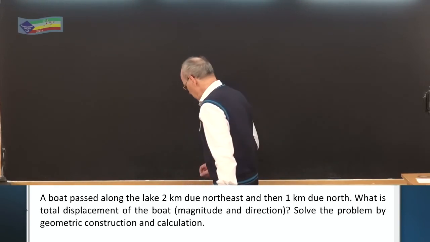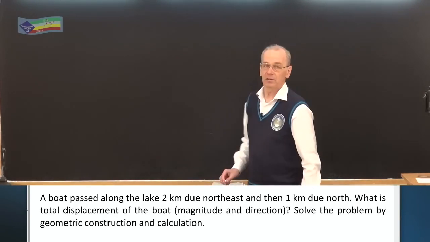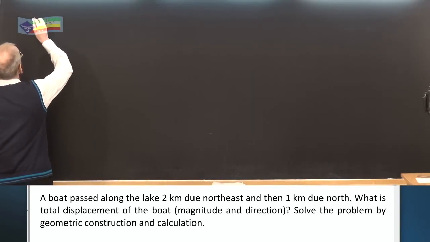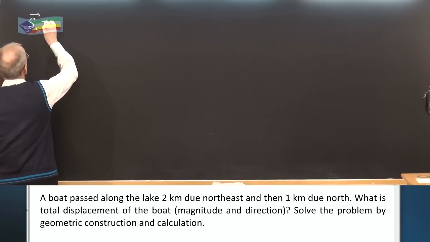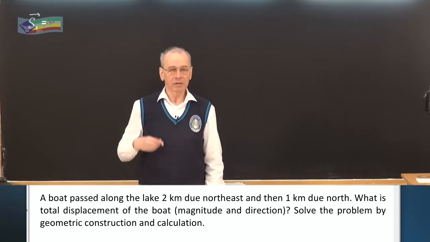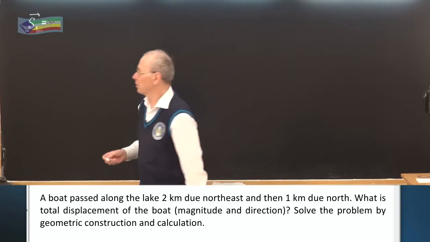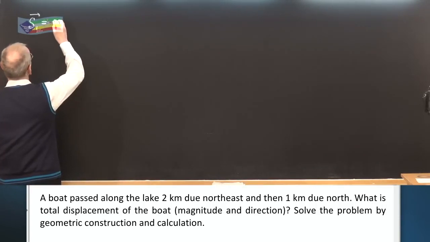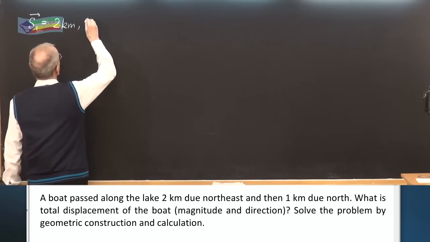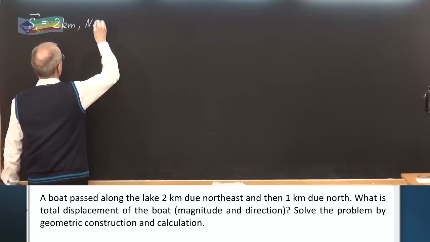First of all, let's write down the brief condition of the problem. Let S1 vector stand for the displacement of the boat during the first part of its journey. S1 equals 2 kilometers northeast.